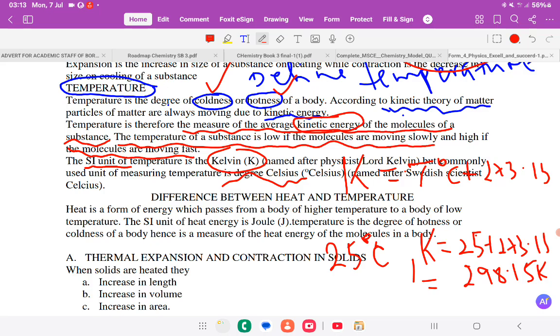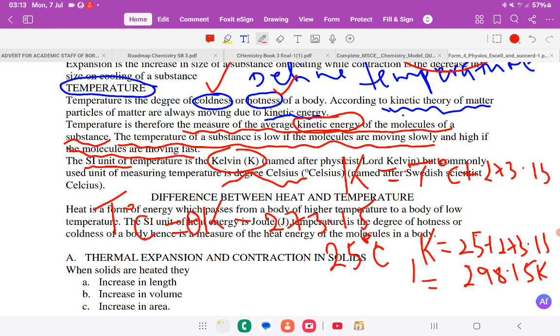And it also follows that temperature in degrees Celsius is going to be temperature in kelvins minus 273.15. So you subtract 273.15 to change temperature in kelvins to degrees Celsius.